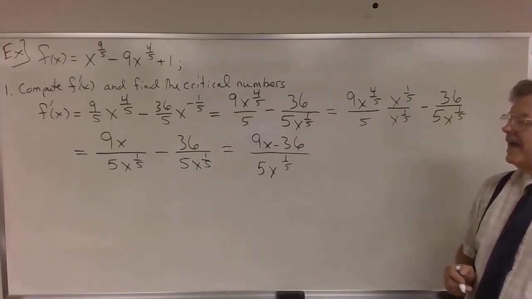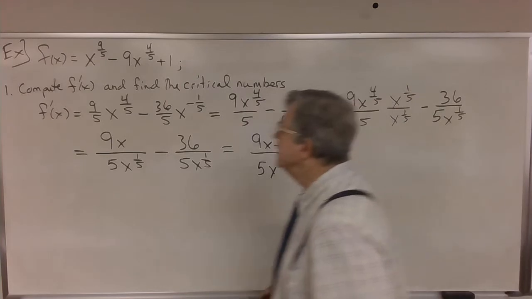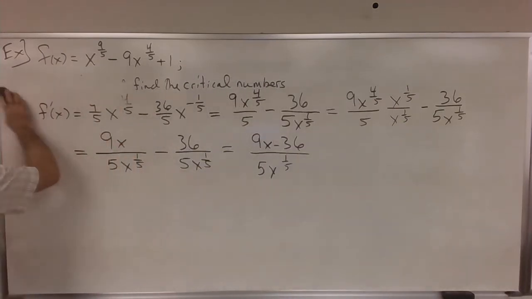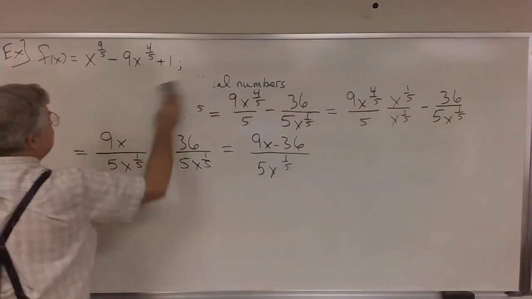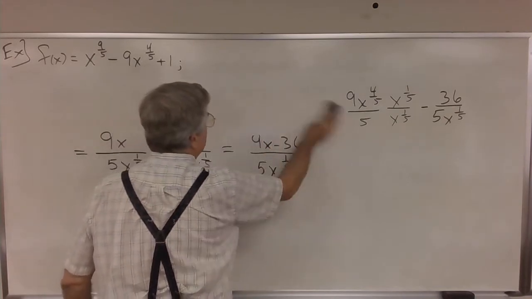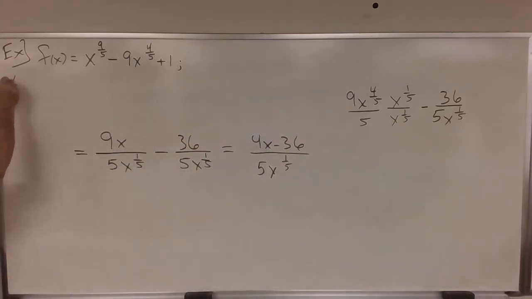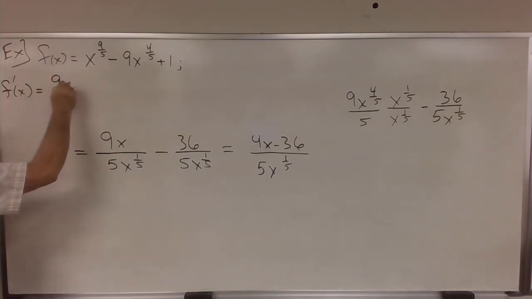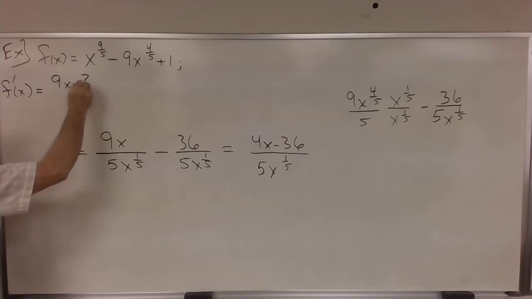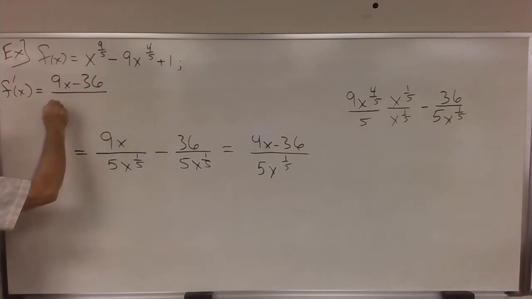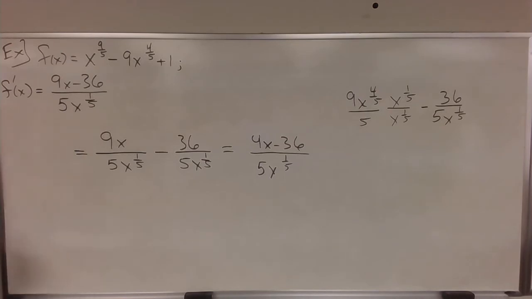I guess I'll erase some of this. And I've just discovered that in simplified form, the derivative is 9x minus 36 over 5x to the 1/5.